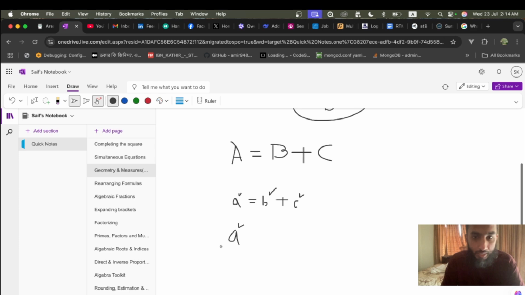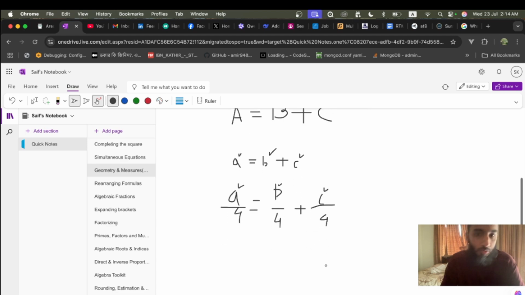So what we can do here is, if I divide both sides by 4, I get A square by 4 equals B square by 4 plus C square by 4.